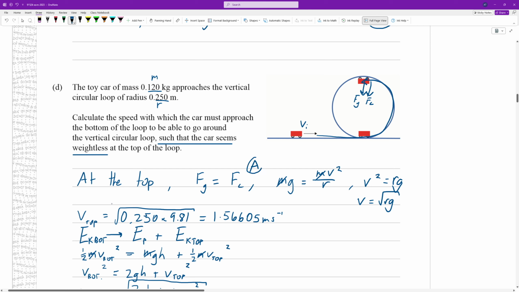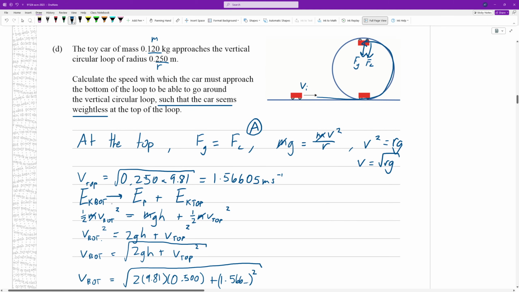You just got an achieved point. Right? That's pretty generous. Further to that, we actually put in mg for weight force and mv squared over r for centripetal force, and we solved for v. And this v corresponds to the speed it needs to be traveling in order for it to be weightless.